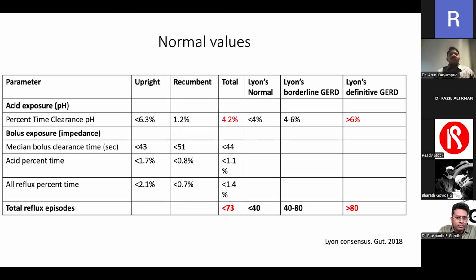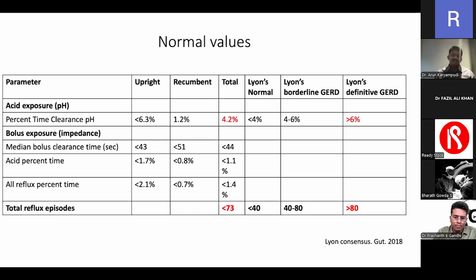You need to know some of the normative data of the pH measurements. Previously we used to have a cutoff of 4.2% for acid exposure time and 73 reflux episodes, and we also used to measure median bolus clearance time and so on.